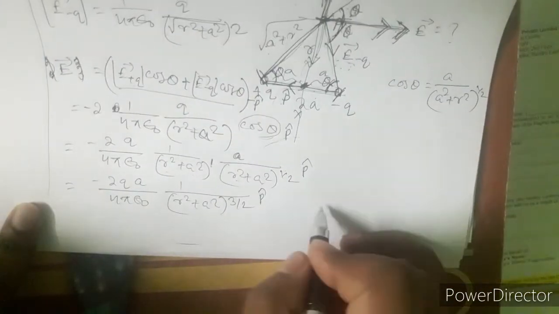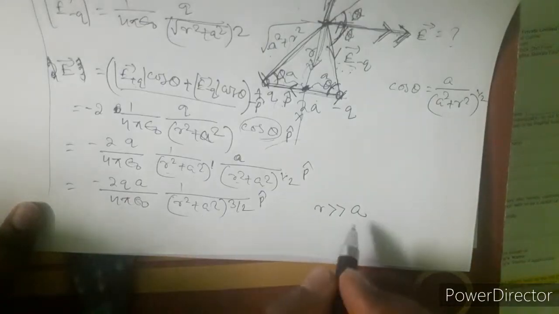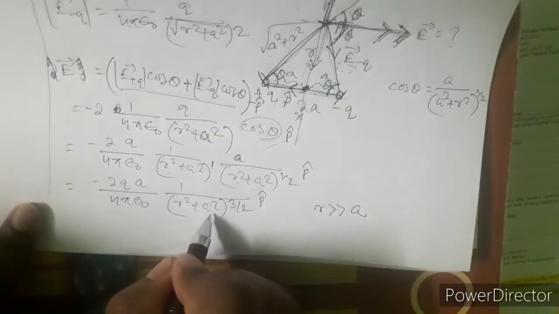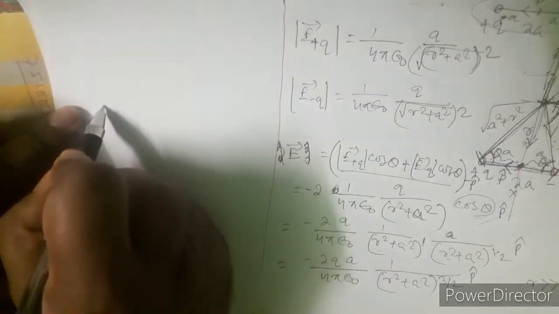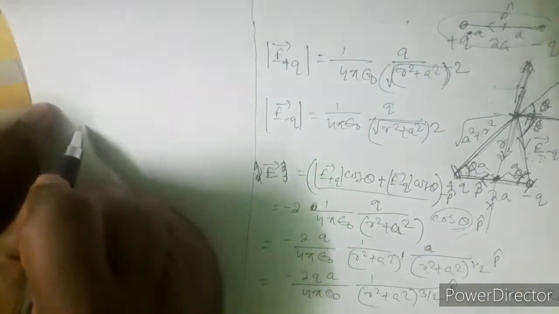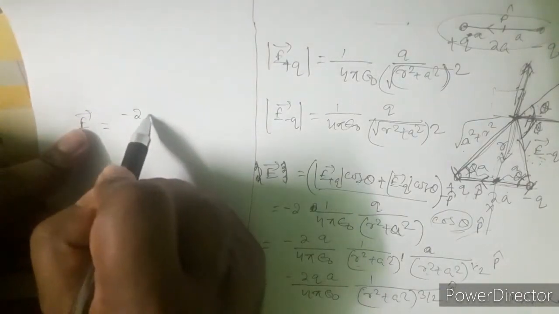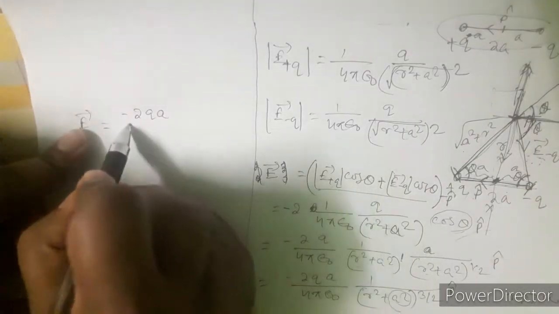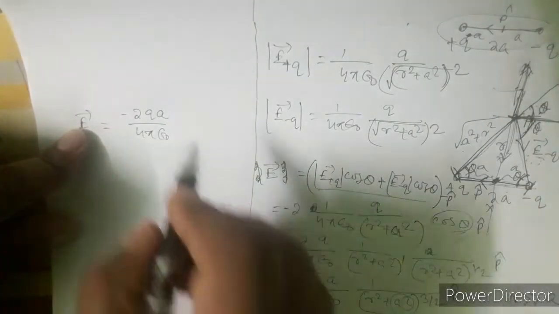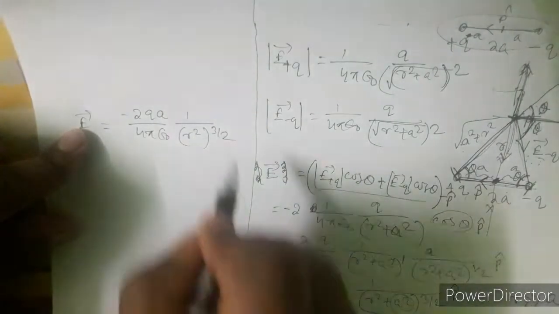Here also we consider r is greater than a, so a square will be very small compared to r square, so we will neglect a square. If we neglect a square, then the total electric field E will be equal to minus 2qa by 4 pi epsilon naught, 1 by (r square) to the power 3 by 2, p cap.